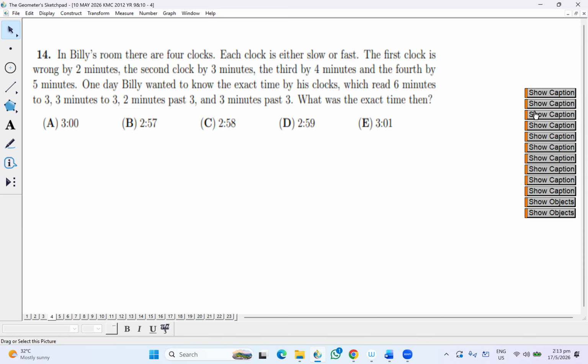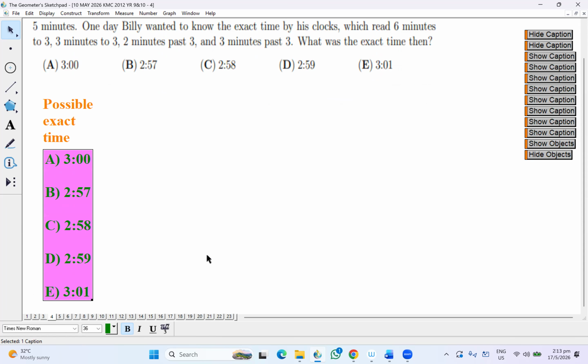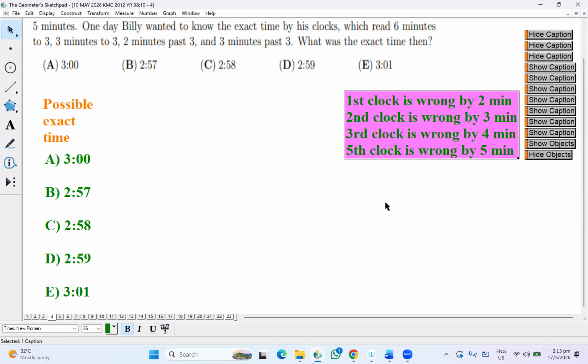So let's tabulate. Possible exact time, one of them is a possible exact time. Then we write down the display in the other 4 clocks. First clock wrong by 2, second clock by 3, third clock by 4, fourth clock by 5.